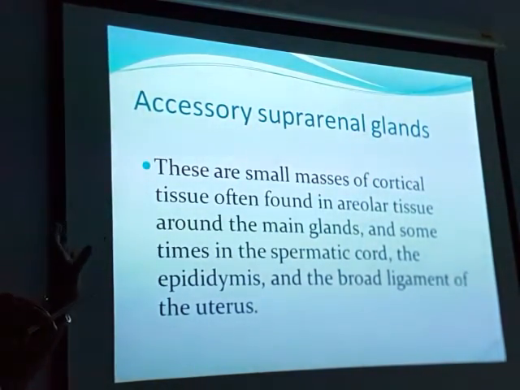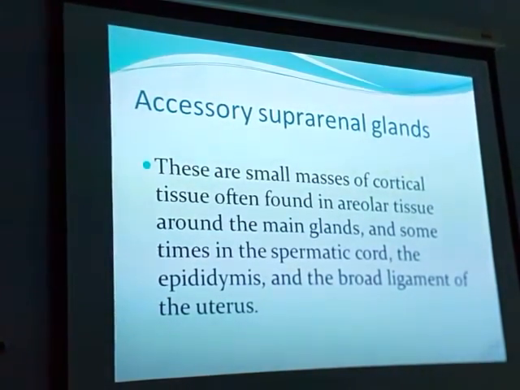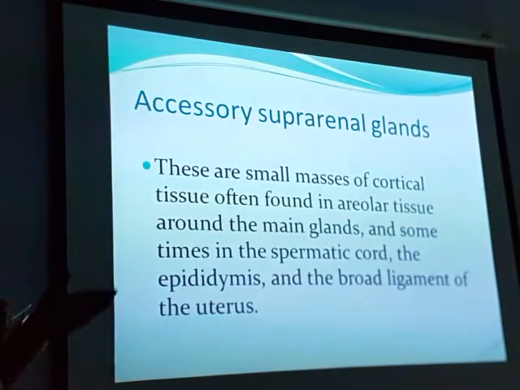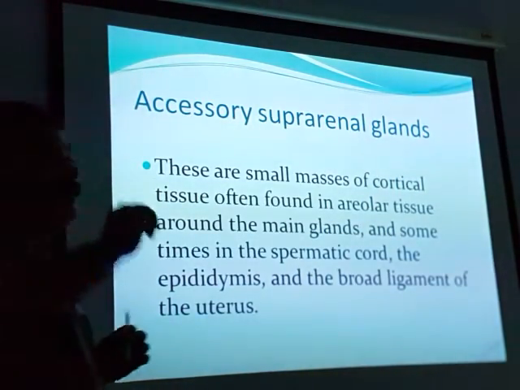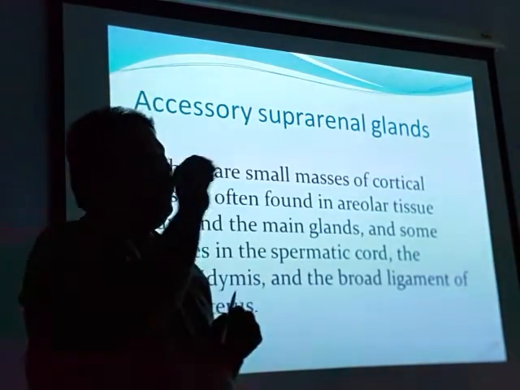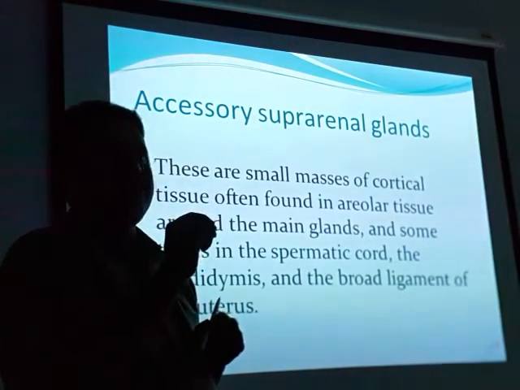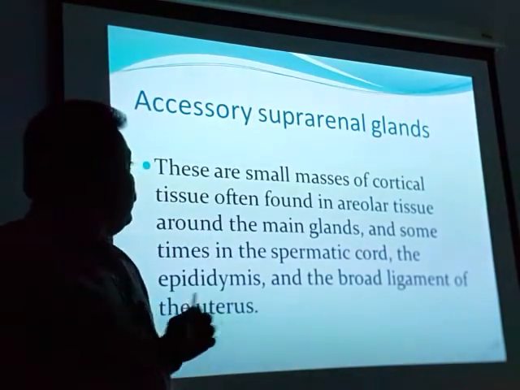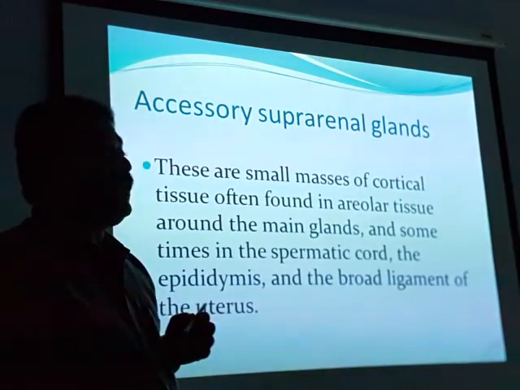These are small masses of cortical tissue, often found around the main glands, and sometimes in the spermatic cord, epididymis, and the broad ligament of the uterus. So in these areas there are cortical masses present. These are the accessory suprarenal glands.